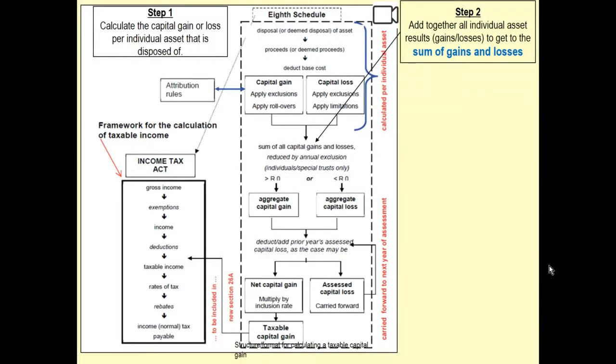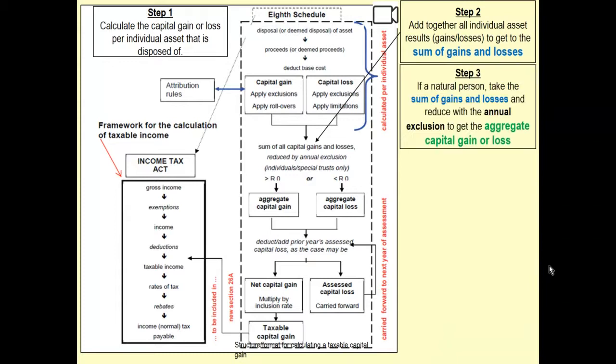And if it's a negative amount, in other words, we have more capital losses than we have capital gains, then we will have a negative amount at that point. If you're dealing with a natural person, you will then take whatever your sum of gains or losses is and reduce it with the annual exclusion to get the aggregate capital gain or aggregate capital loss.